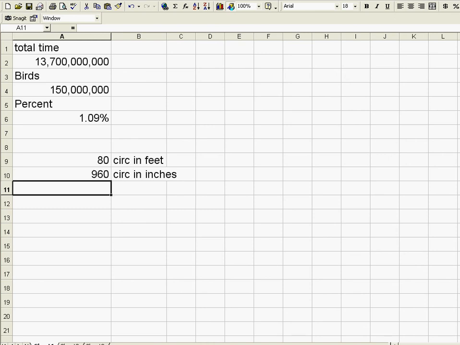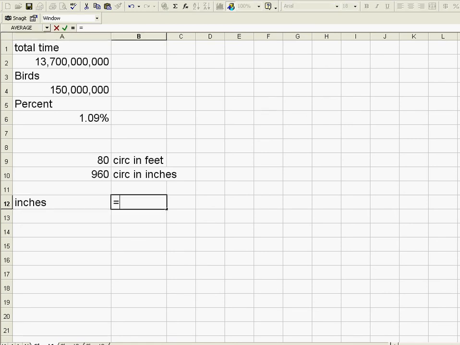So the question is, from the present time, how far back is the origin of birds? Well, that's actually pretty easy to figure out. You're going to say, in inches on our timeline, for the existence of birds, I need to multiply 960, which is the total amount of inches, times the percent where birds have been around.